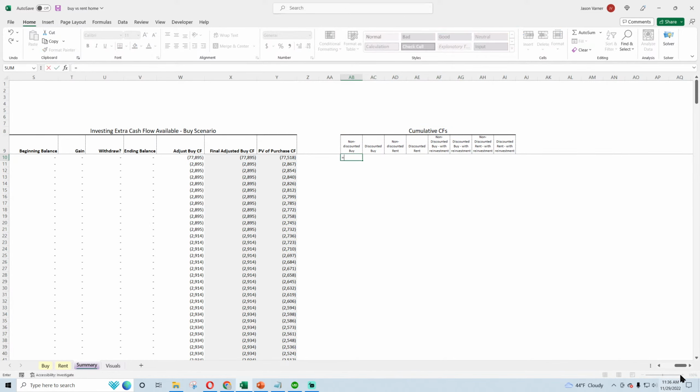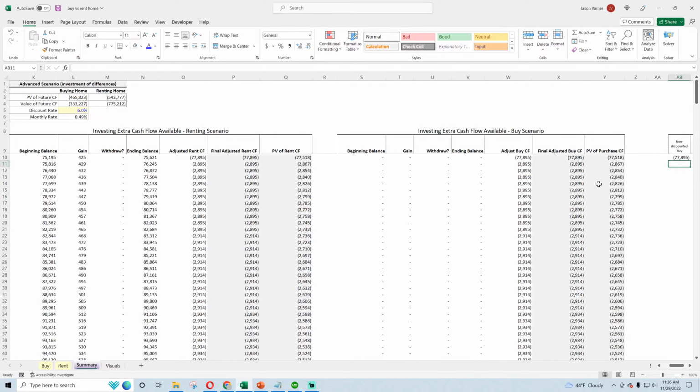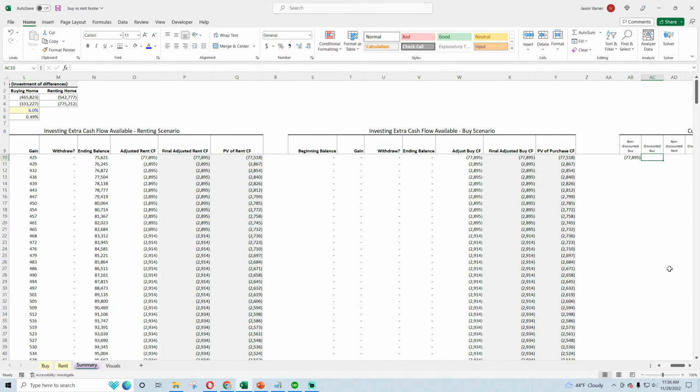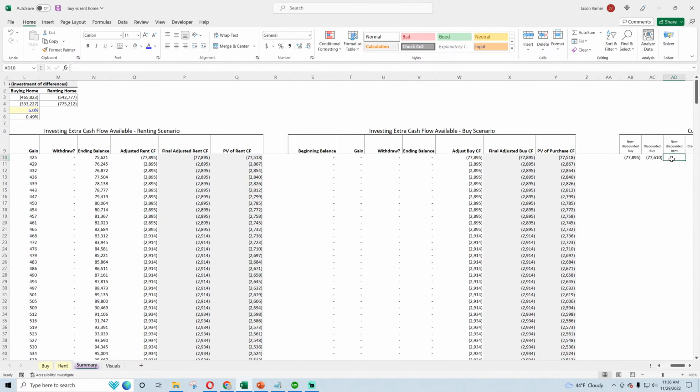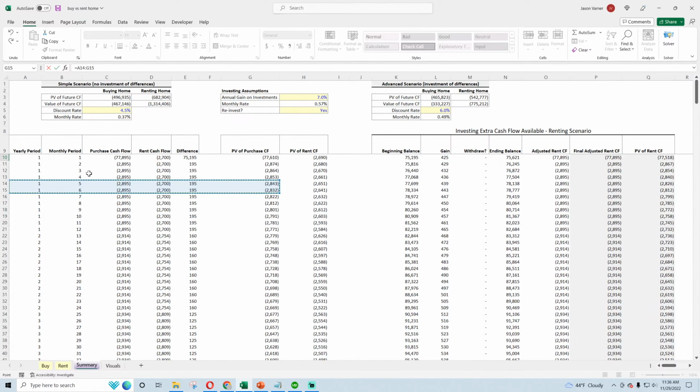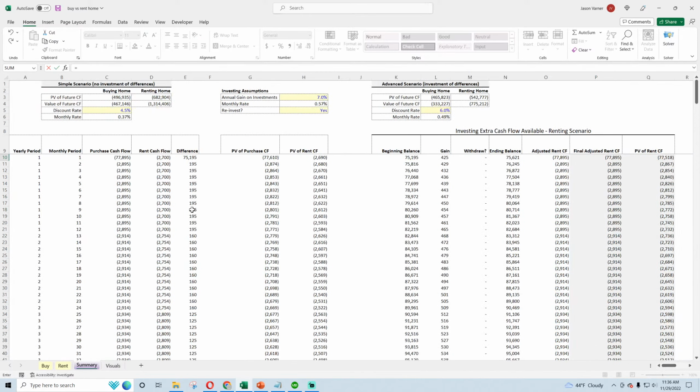So non-discounted buy simple would be this, and discounted buy would be this. Non-discounted rent is that. Discounted rent is this.